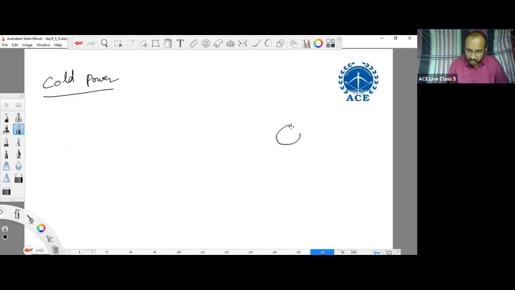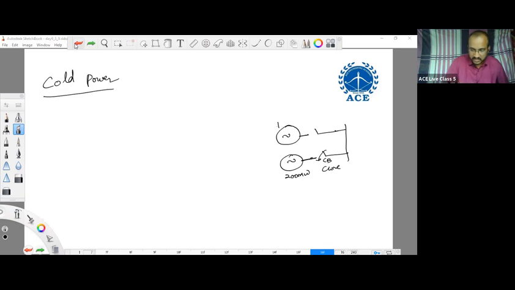Suppose there are two units, each rated some 200 megawatt. This circuit breaker is closed, and this is also 200 megawatt, and this is some 150 megawatt generator.